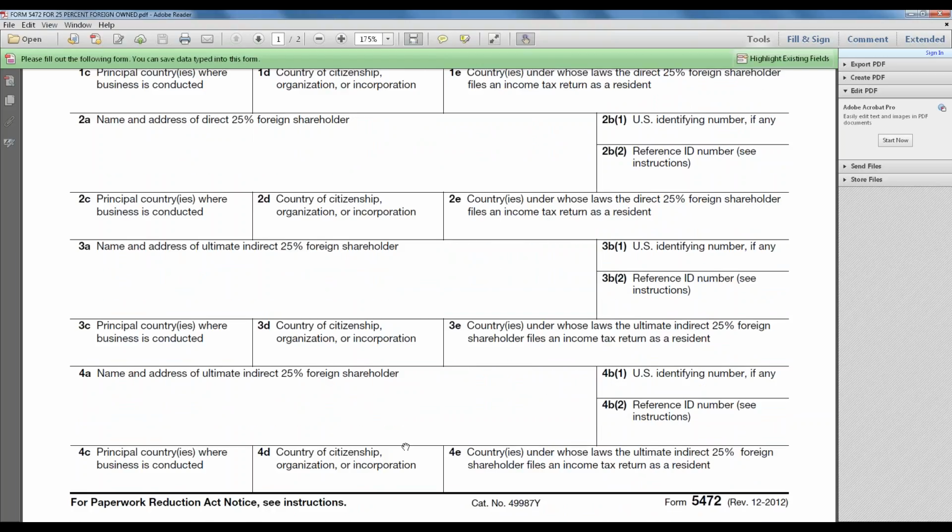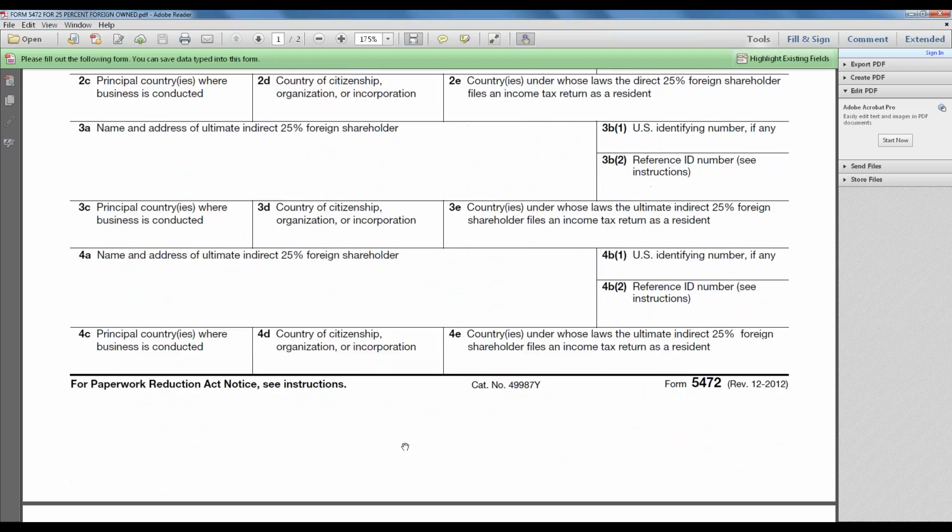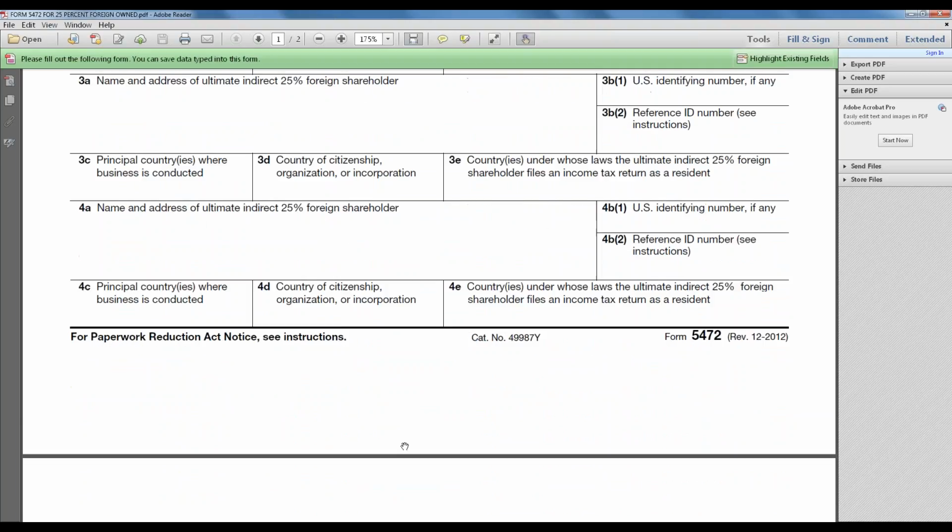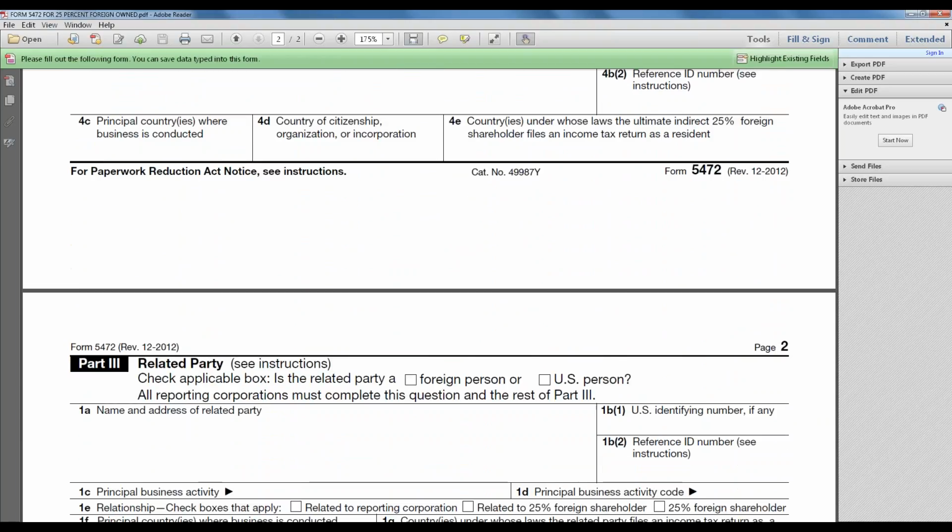Keep in mind, all this information goes to the IRS, and under treaties now, it can go to all these countries. It can go to China, it can go to Russia. So it's scary for some people, and we'll get into trusts a little bit towards the end. That's why a lot of people use a trust instead of the individual name.